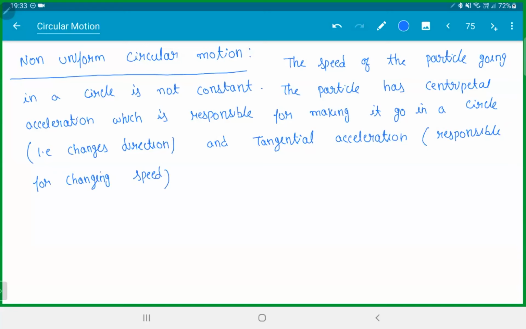So this A tangential is nothing but dv tangential by dt, or v tangential dv tangential by ds. S here is the arc length, or the distance traveled along the circle.